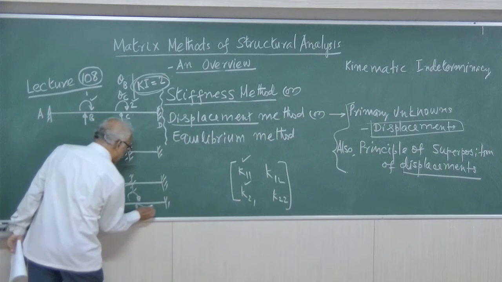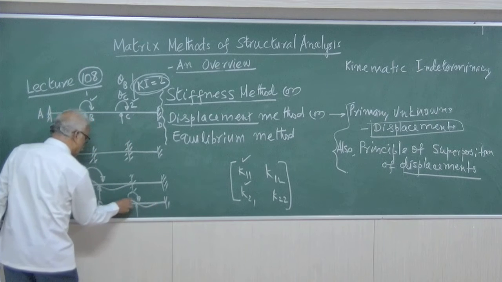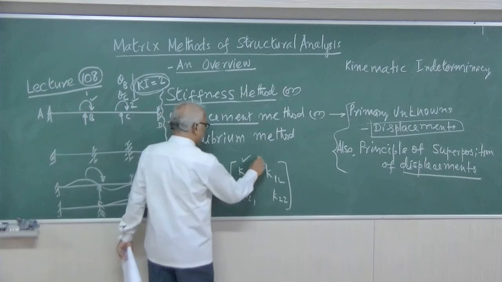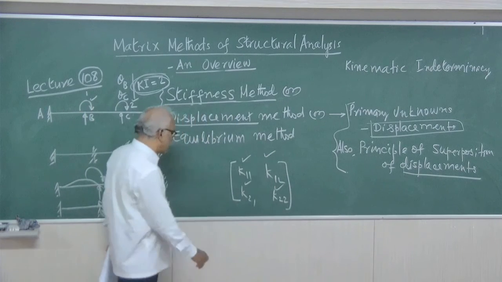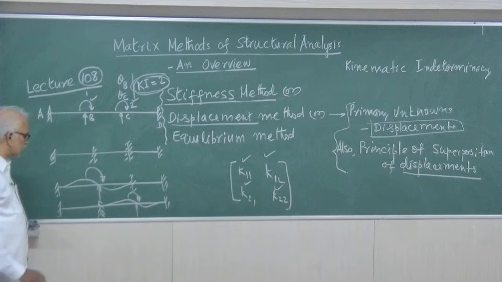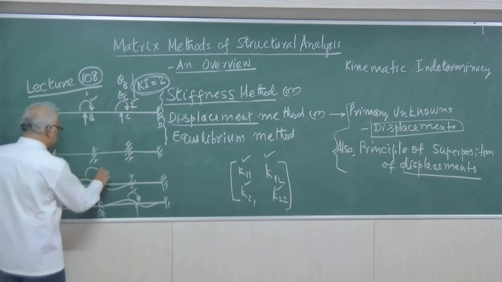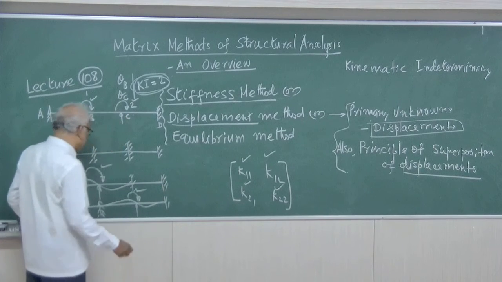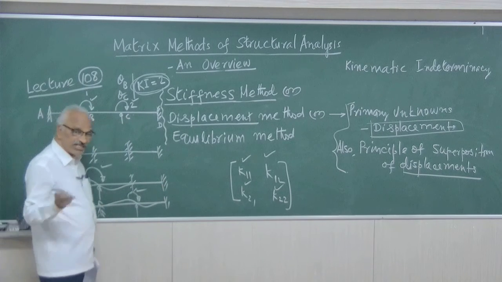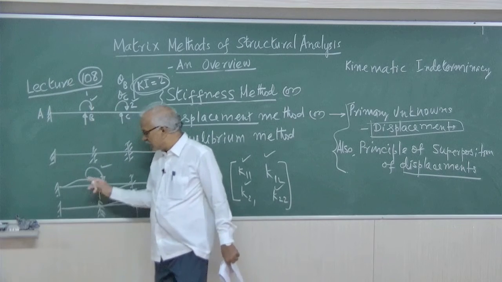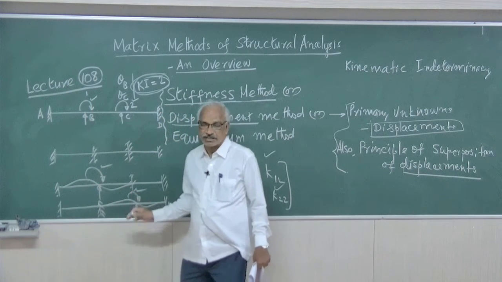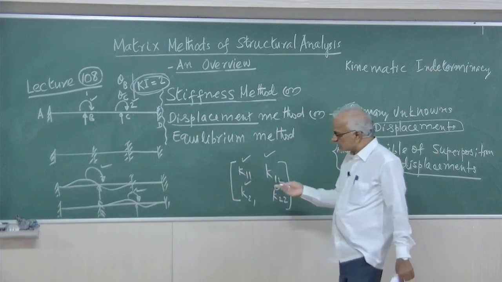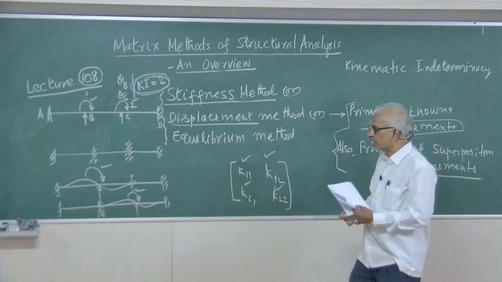You allow theta C only and arrest all other displacements. Get the second column. So we are applying one displacement at a time. This is what is called the principle of superposition of displacements. You allow the displacement one at a time. We have started a little early, therefore we will discuss the stiffness coefficient and come back to this later.